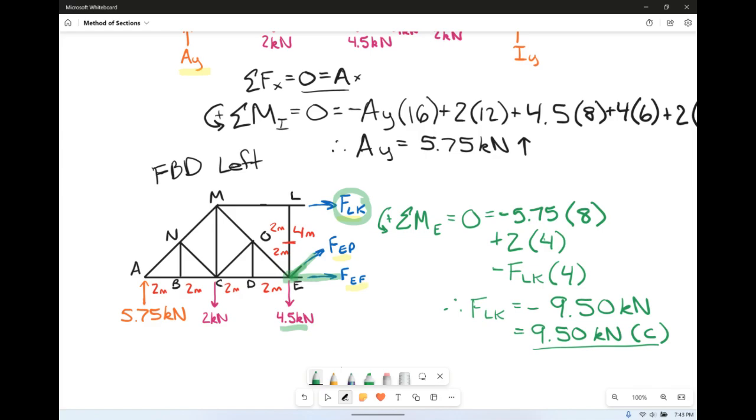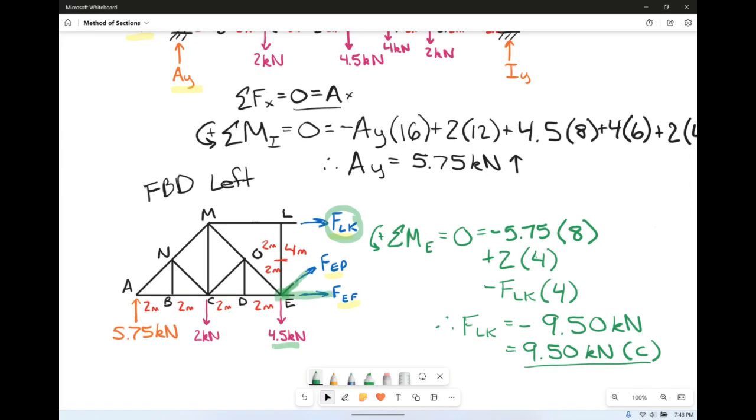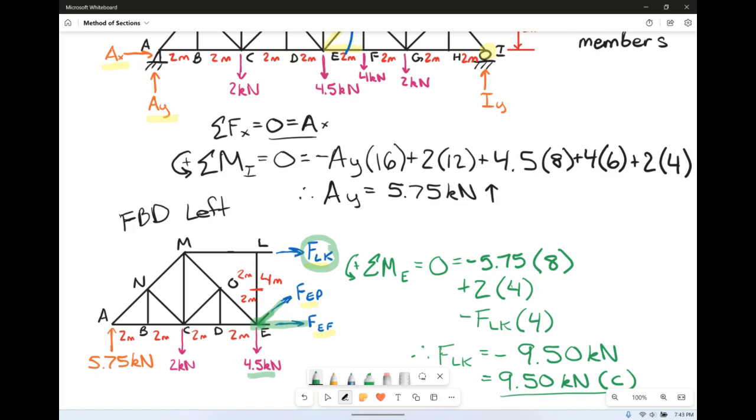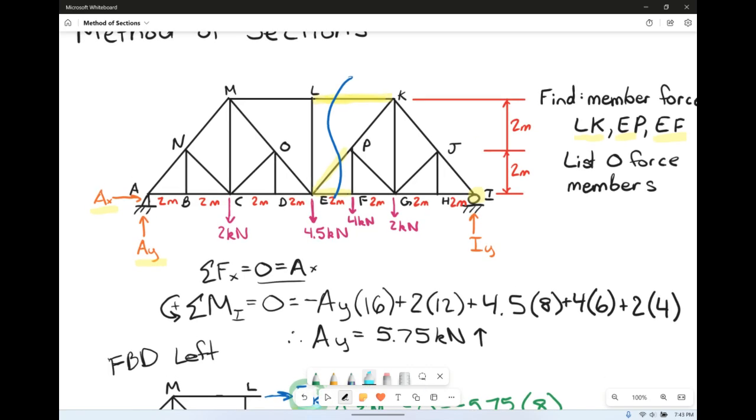But if you really wanted to be cool and take moments, technically, another one that we could find is force EF. If I want to find force EF, I want to find the point that force EP and LK have in common. So let's go back up here and look.